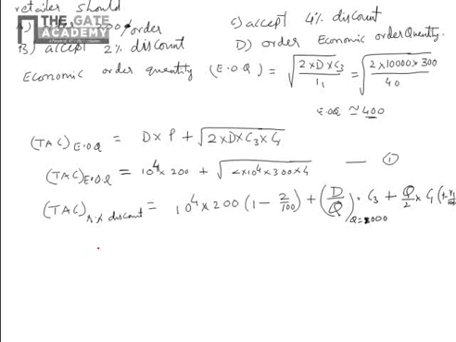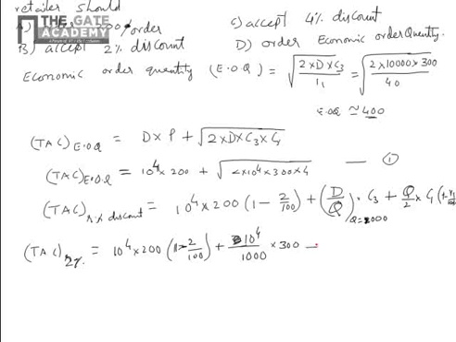Sorry. So TAC with 2% discount is equal to 10 power 4 into 200 into 1 minus 2 by 100, plus D by Q, where D is 10 power 4, divided by 1000, into C3 which is 300, plus Q which is 1000 divided by 2 into C1 which is 40, into 1 minus 2 by 100. Simplify, this is equation 2.